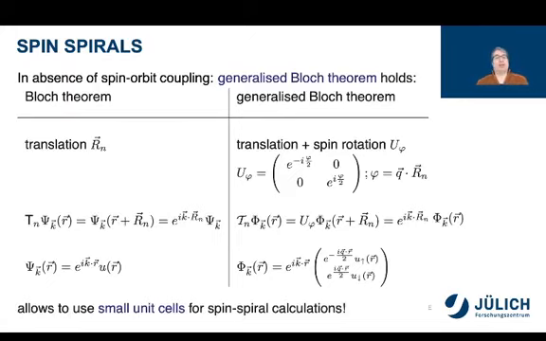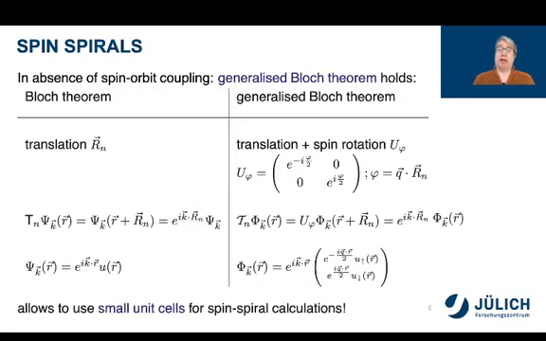Spin spirals are very important and very useful because you can use a generalized Bloch theorem. If you don't have spin-orbit coupling, you can generalize the usual Bloch theorem, in which you have just a translation, so the system is independent when you translate it by a unit cell or multiple unit cells, while in this case here, the system does not change when you translate it and also rotate the spin by this angle, right?